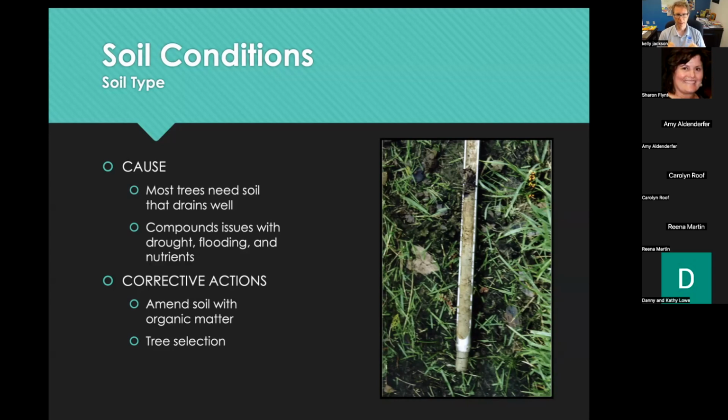Sometimes it's what we call a tight soil, and it doesn't have much air space inside, and that can cause more issues with droughts, and flooding, and also nutrition availability. The nutrients are there, but the airspace and the root availability and moving throughout that soil isn't allowing the nutrients to be accessed as easily.